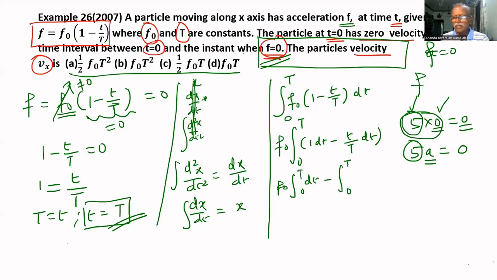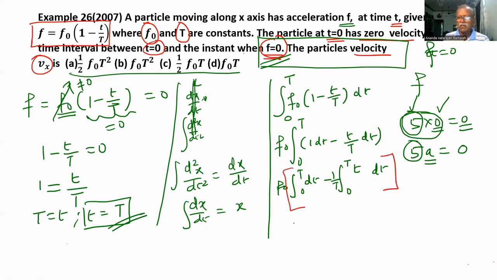Already I told you that addition and subtraction are compatible with integration, that's why it can be separated into two integrations. 1/T can be taken outside because 1/T is constant.